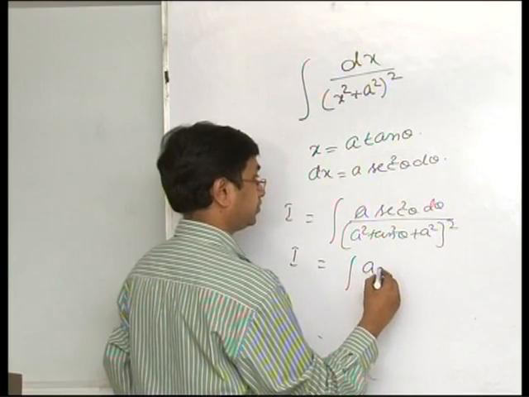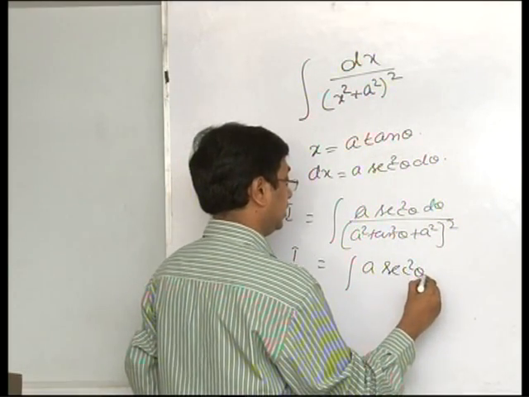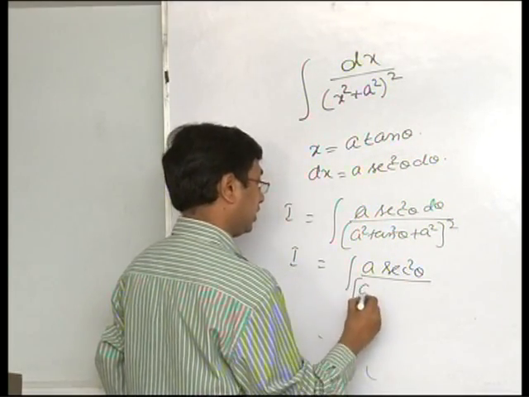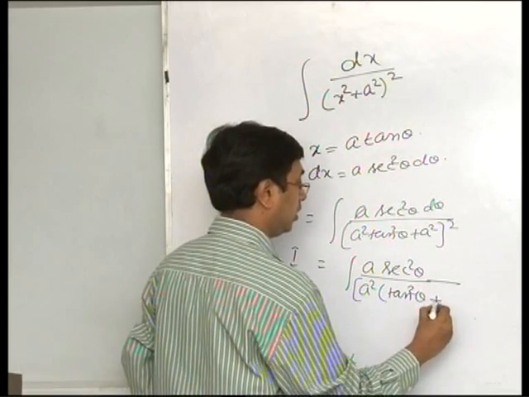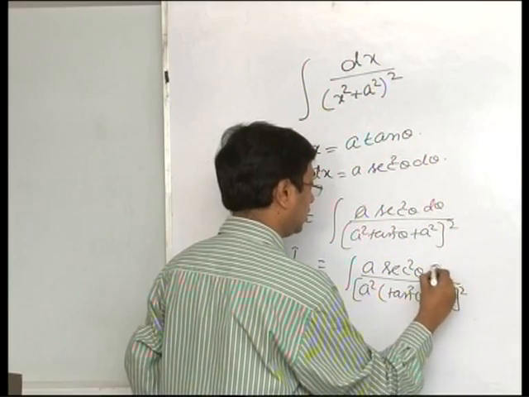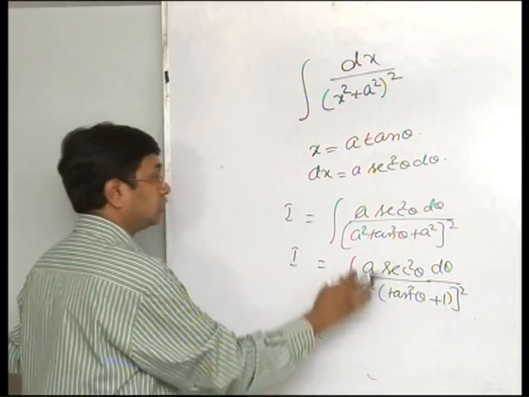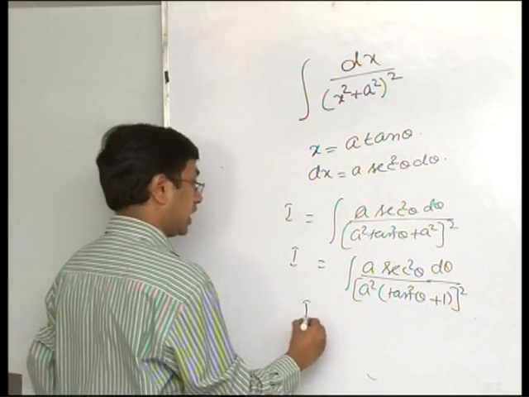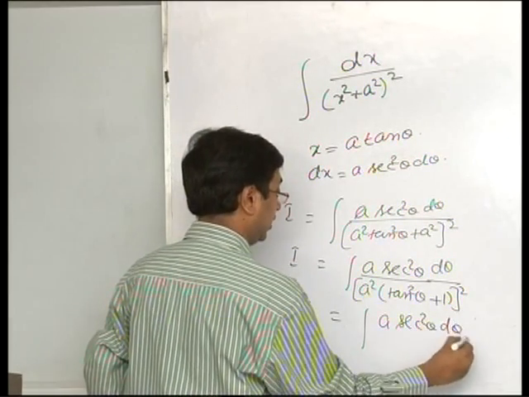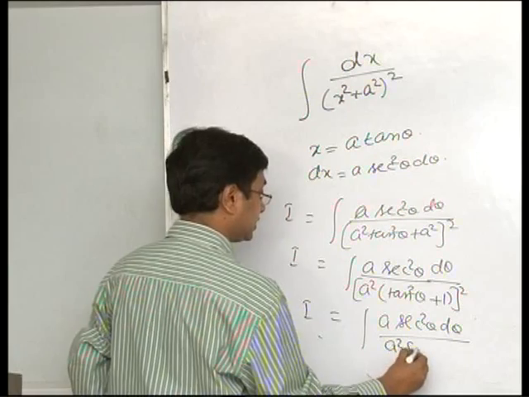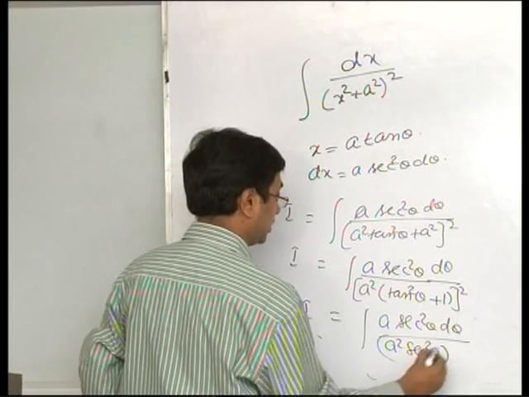a sec square theta, and what is common out here? We have a square, and what we are left with is tan square theta plus 1 and this. So a square is common. So what is I now? I is a sec square theta d theta and a square sec square theta raised to power whole square.